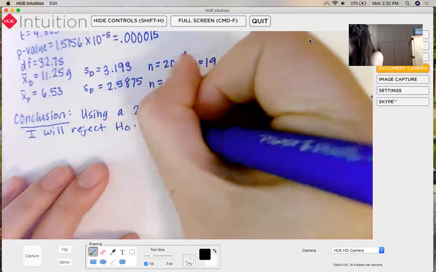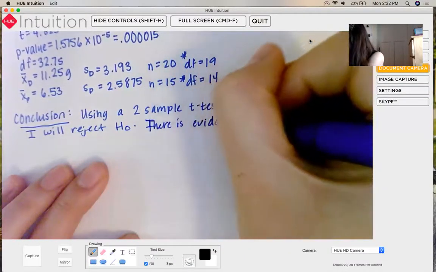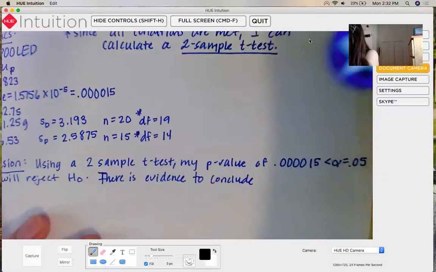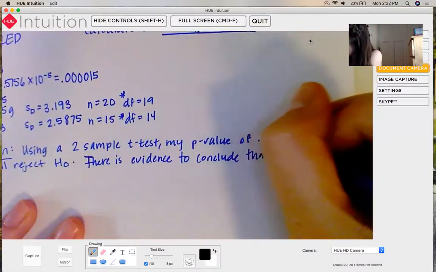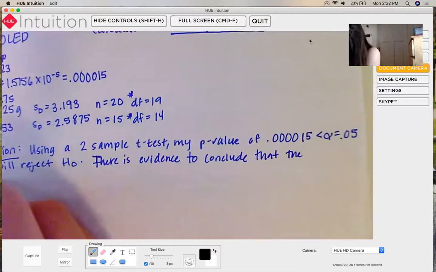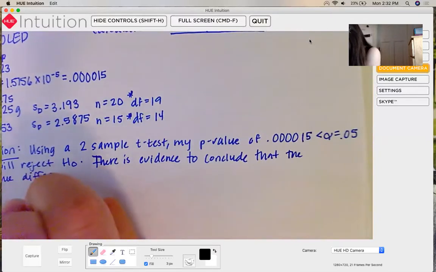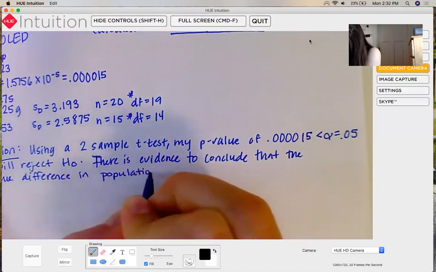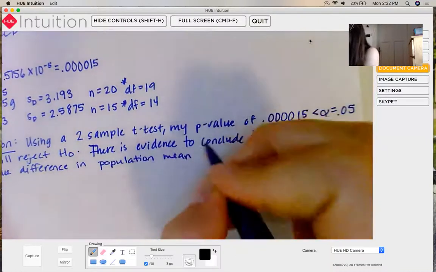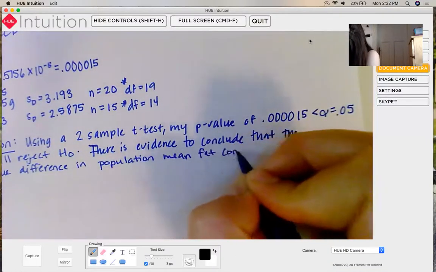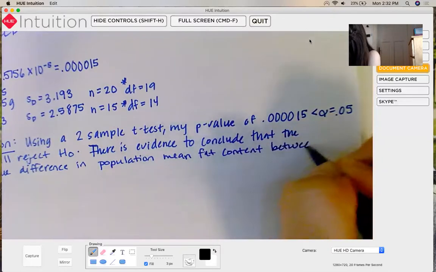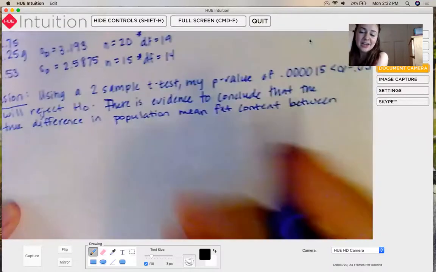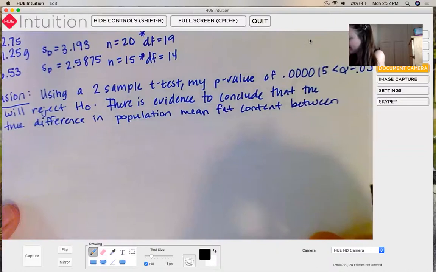There is evidence to conclude, let's go back to our alternative hypothesis, that the true difference in population mean fat content between, I'm changing the wording a little bit here, I'm actually making it a little bit better, but I could just copy exactly what I wrote for my alternative hypothesis.